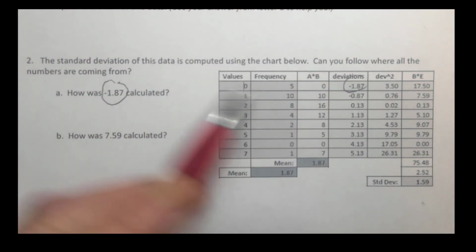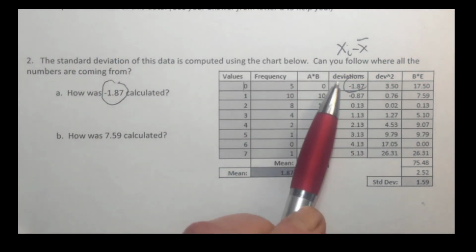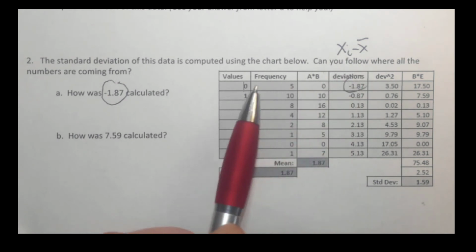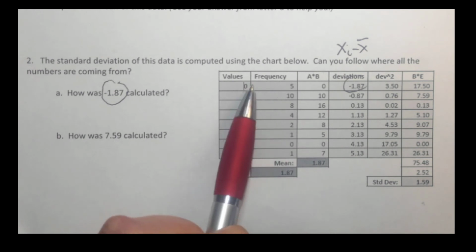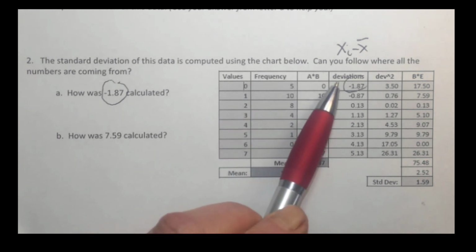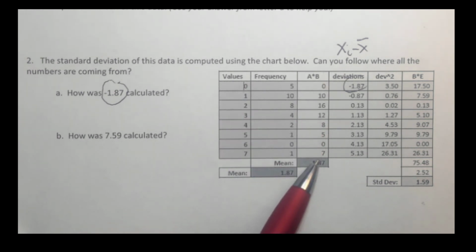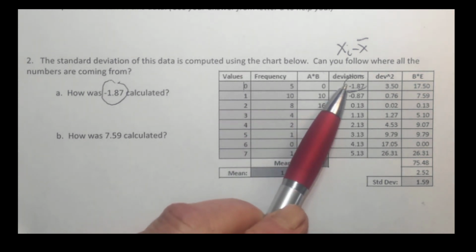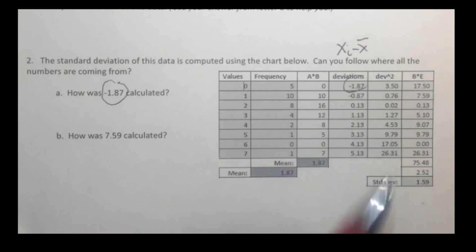Well, that's the deviation. If you recall, the deviation is the value minus the average. So the value for this row is 0, and the average is 1.87. So it's 0 minus 1.87, and that's how we get our negative 1.87.